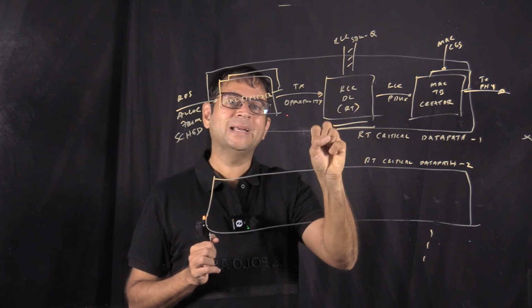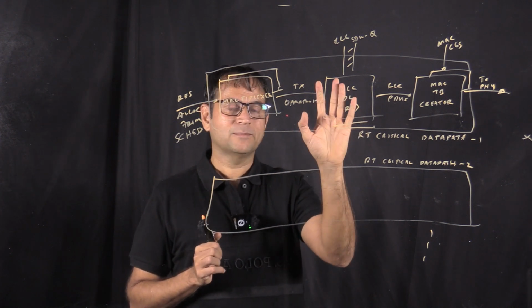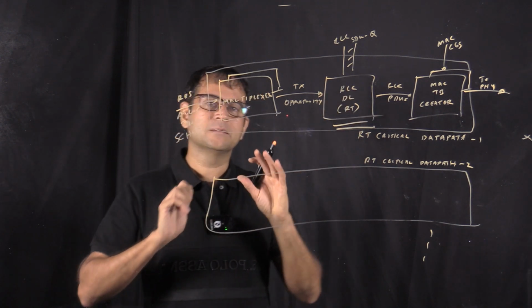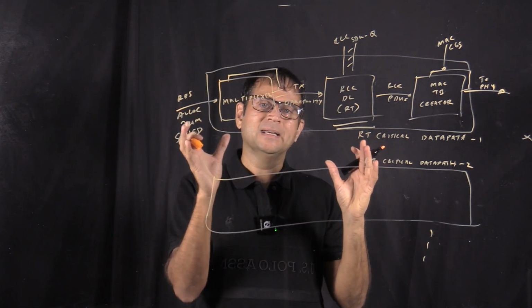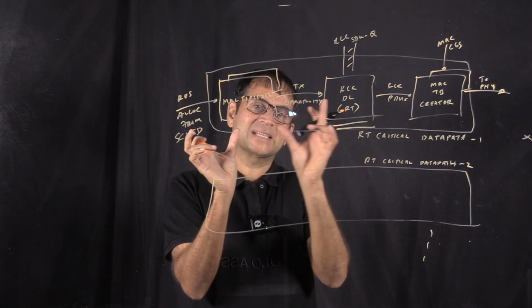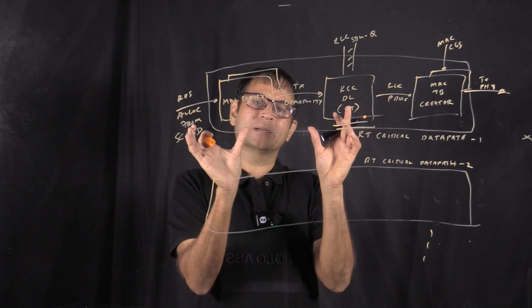So RLC PDUs could not be formed in advance, right? That is one issue in LTE. And further, even the MAC protocol header, right? It used to be a common MAC protocol header for all MAC SDUs. For all MAC CEs and MAC SDUs, there was one common MAC header.